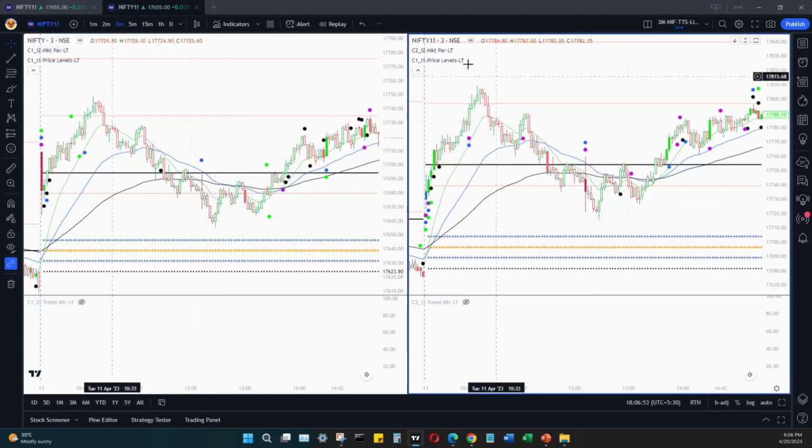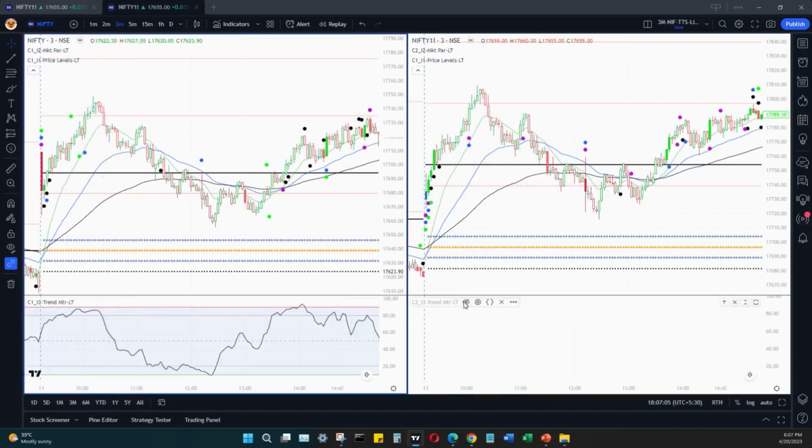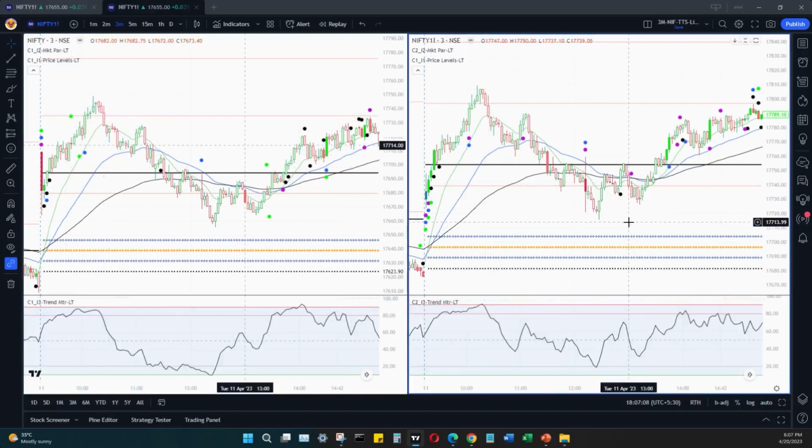This market participant indicator, which is represented by dots, tells us the kind of participants who are involved at a particular point in the price action. The third indicator is the trend meter, which talks about the weakness and strength of the trend: if the trend is in conflict with the price, if the trend is consolidating, if there is going to be any breakout, and so on and so forth.